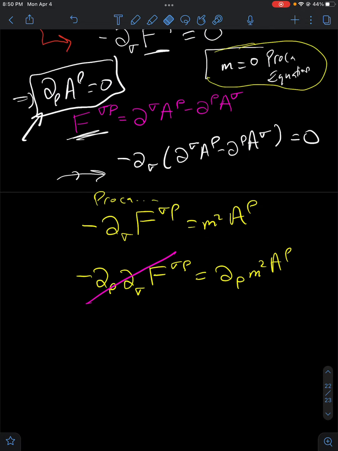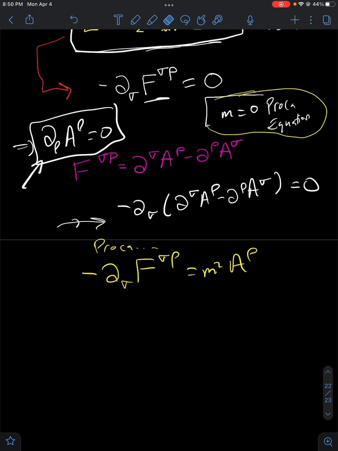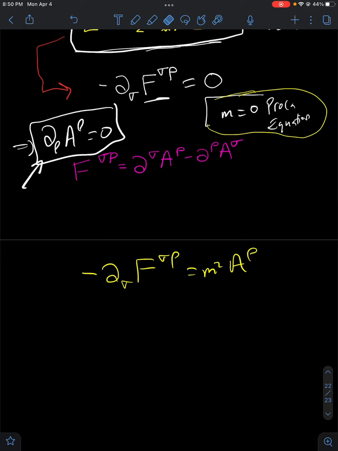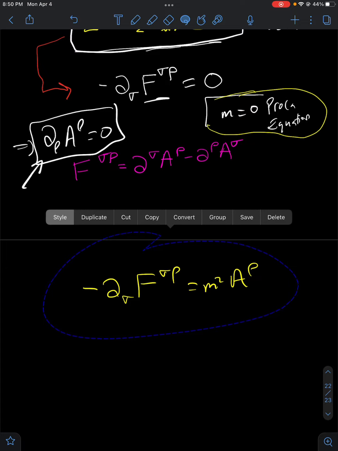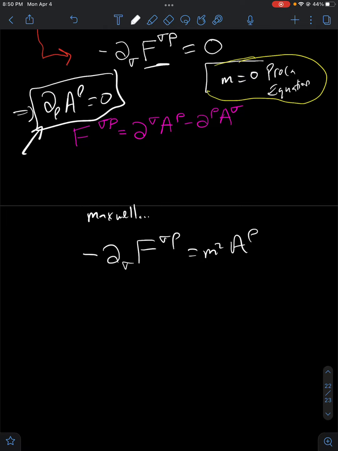Well, let's just repeat the same steps, but for the Maxwell equation. So for the Maxwell equation, let's just take the derivative on both sides with respect to rho.